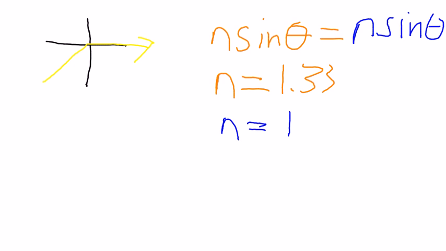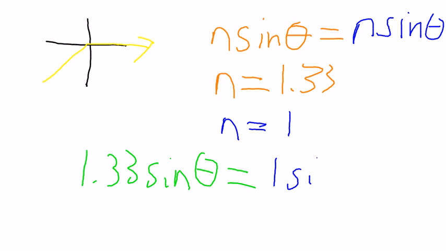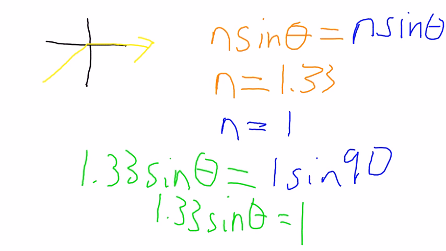So we are going to plug this into Snell's law, in which 1.33 sine of the unknown angle, because that's theta 1, and we know theta 2 is 90 degrees, so 1 sine of 90. Now the sine of 90 equals 1, so the resulting equation is 1.33 sine of theta equals 1.